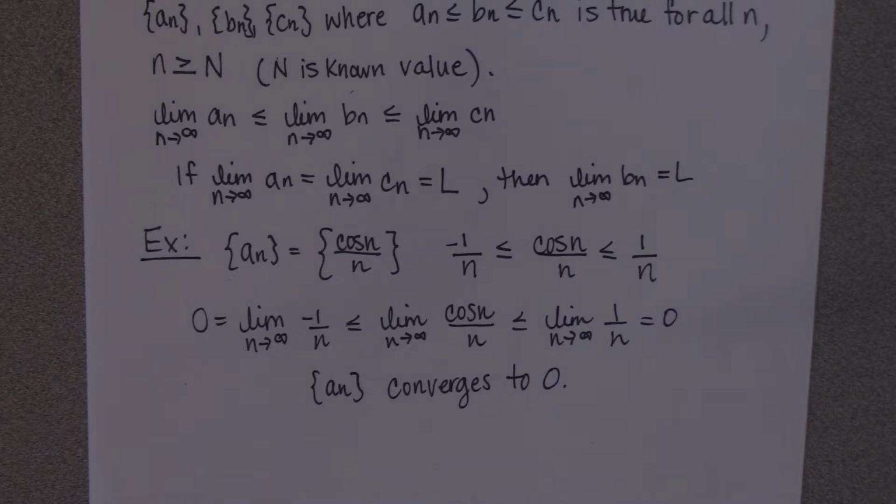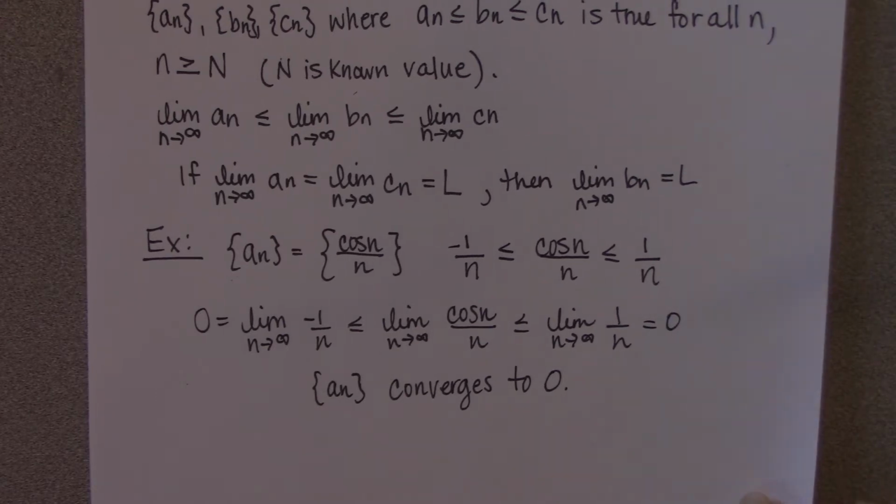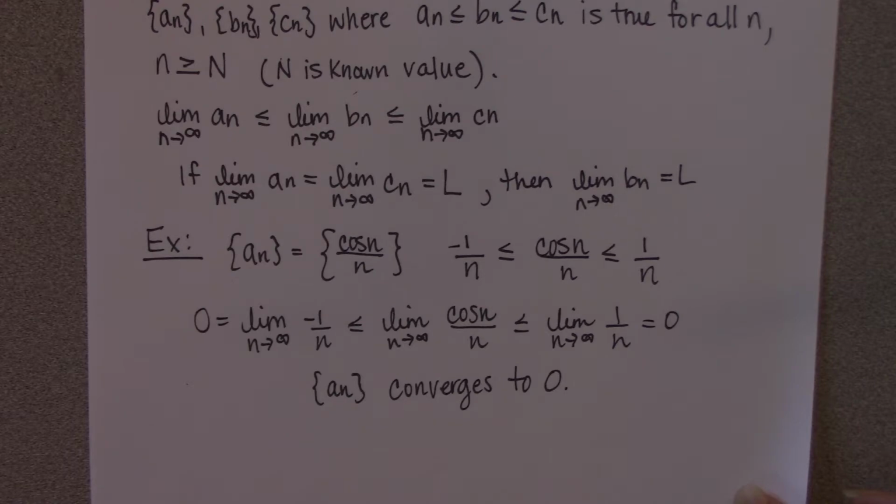So I literally just replaced cosine with its maximum and its minimum value, and that gave me the maximum and minimum function I could sandwich it in between. So we do the same thing for sine, right? If sine's in the numerator, you can go -1 to 1, right? Okay, everybody good? Switch paper?